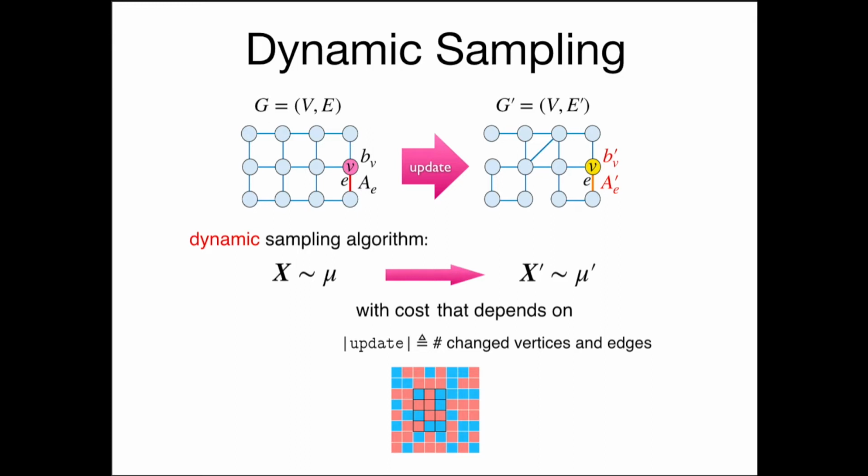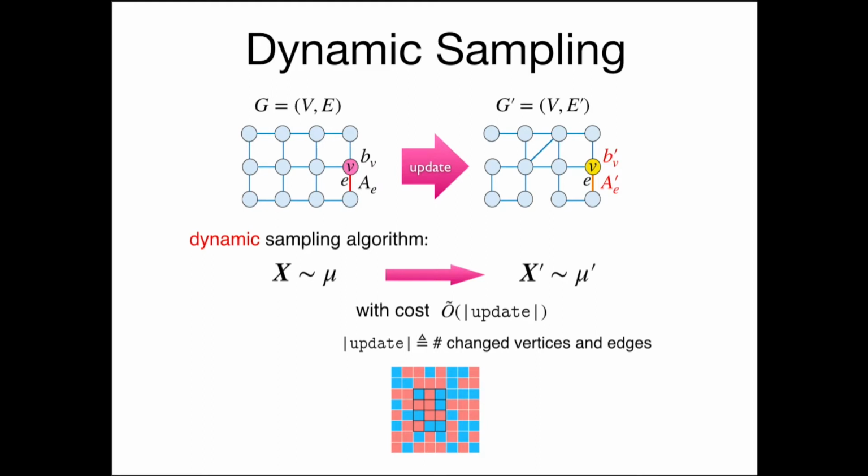We hope that the dynamic algorithm can edit the old sample to the new sample with small incremental cost, depending on the size of the update. And ideally, this incremental cost for the dynamic sampling should be near linear in the size of the update. So we actually want to establish a Lipschitz property for sampling from Gibbs distributions. When the input graphical models differ locally, the output samples should also differ locally.